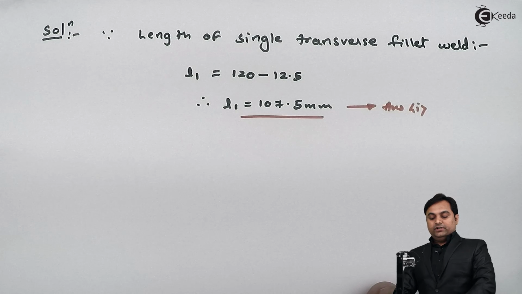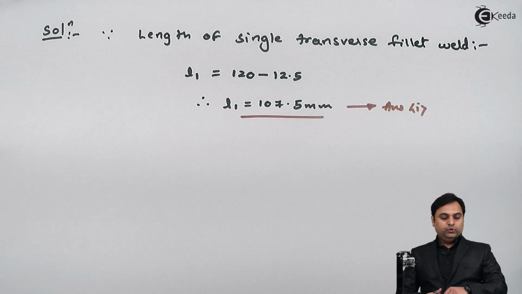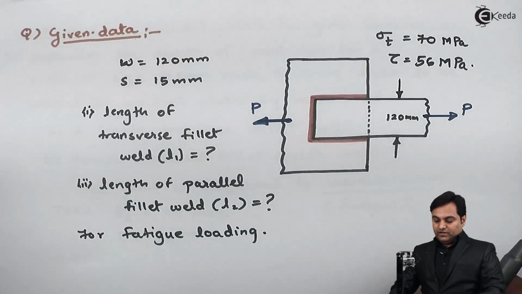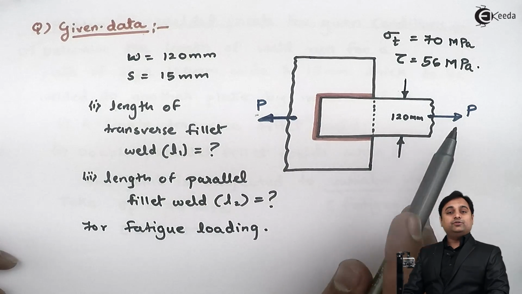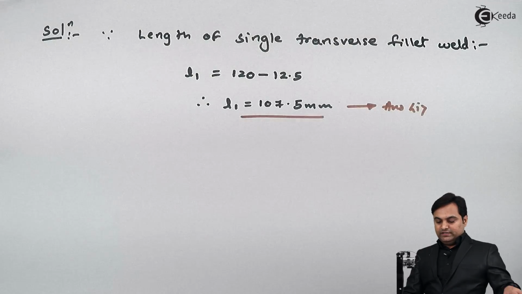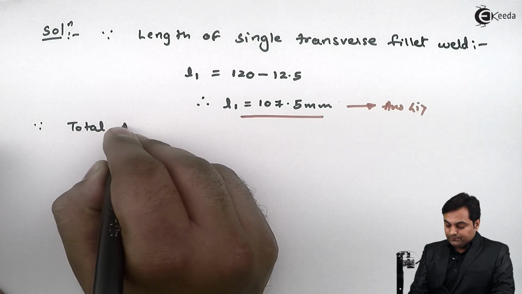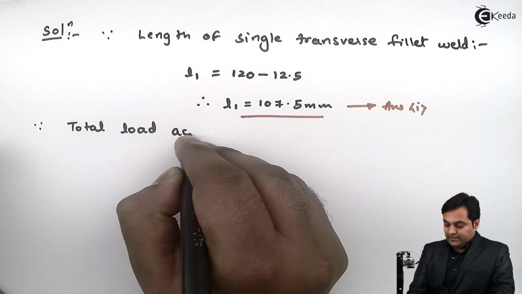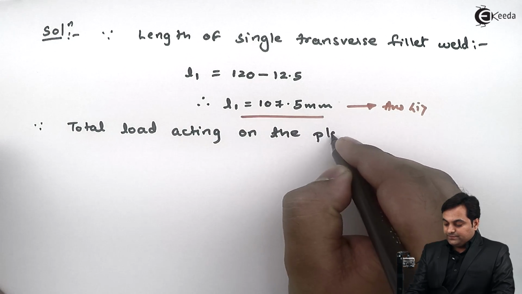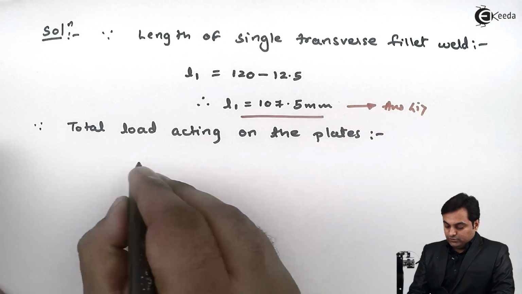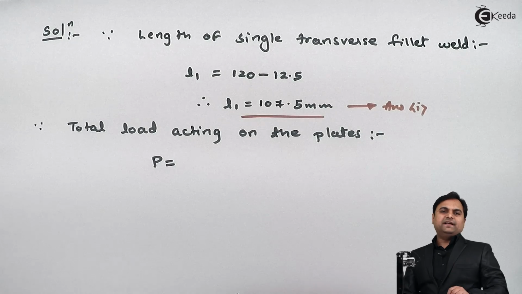Now we need to calculate the length of double parallel fillet weld, and for that what we need to know is how much is the value of this load, because in this problem the load P is not given, we have to calculate. So I'll say that since total load acting on the plates, that total load is P, and we need to know the maximum load.